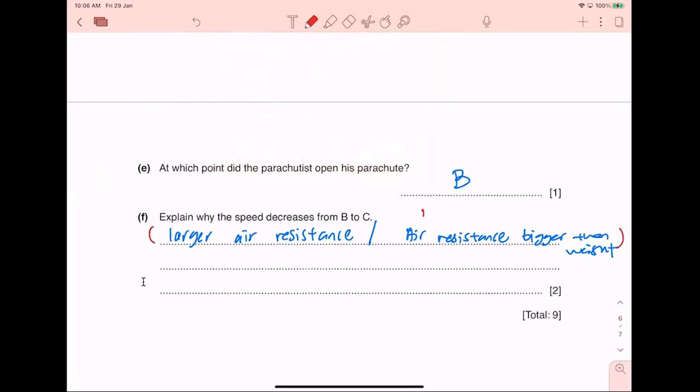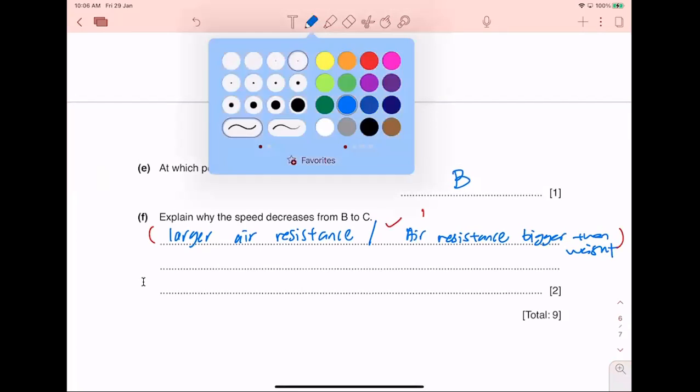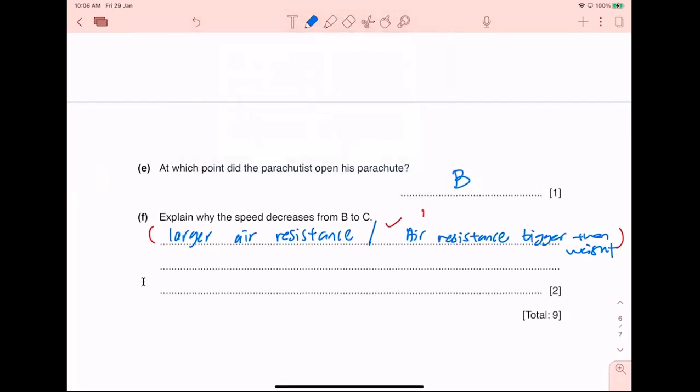Okay, how to get the second mark? For the second mark, you must explain why there is greater air resistance. So it is because of the larger area, or you can say due to the parachute.